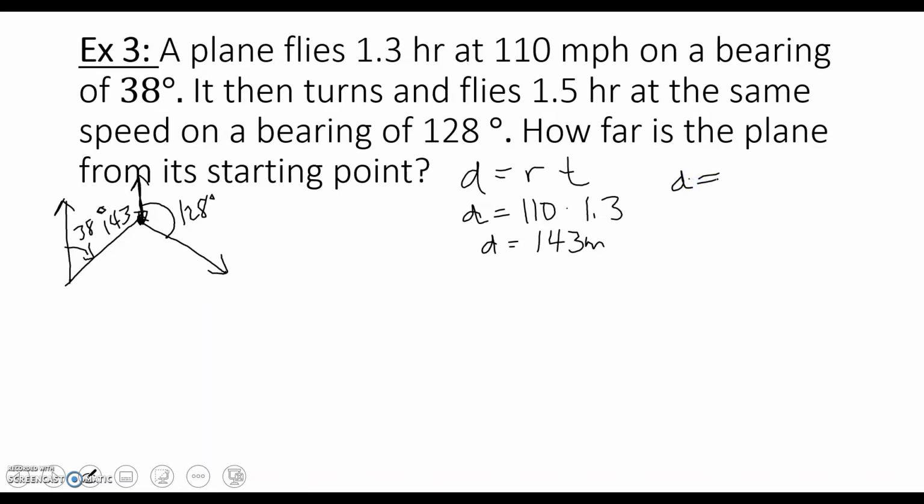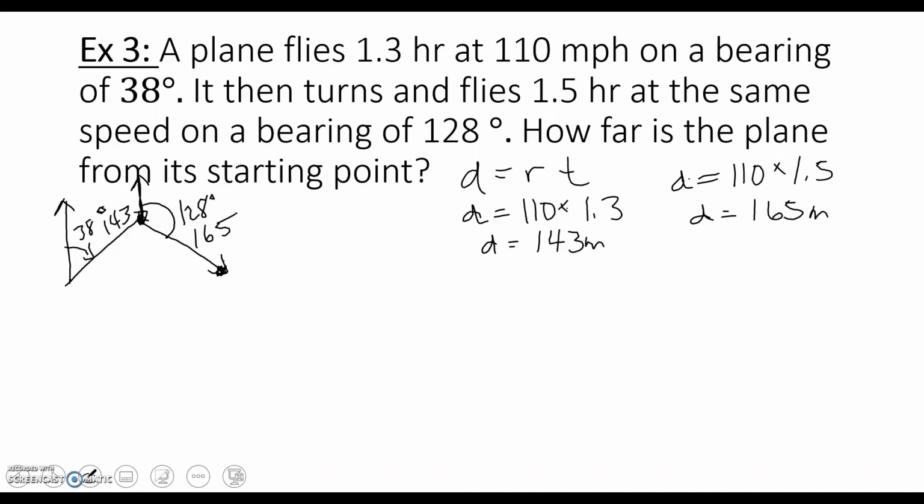So the distance here would be 110 because it's the same speed, but the time is different, times 1.5. Okay, 110 times 1.5 gives us 165. That's 165 miles. So it travels here for 165 miles.